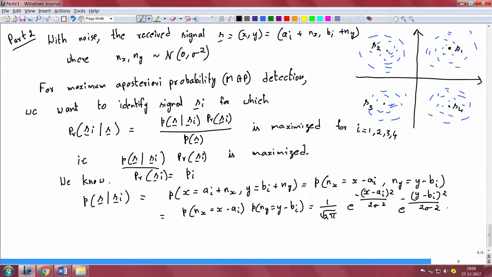So, this gives us the terms that are involved in computing the a posteriori probabilities and towards making the decisions.